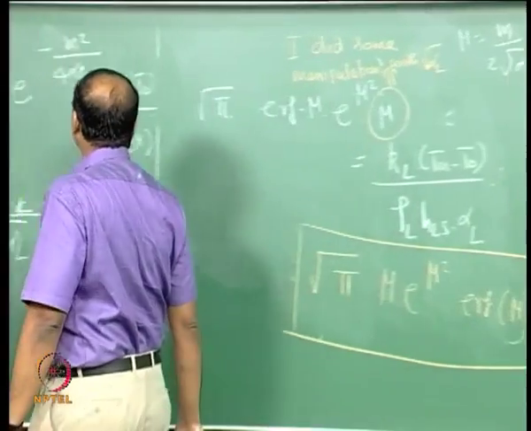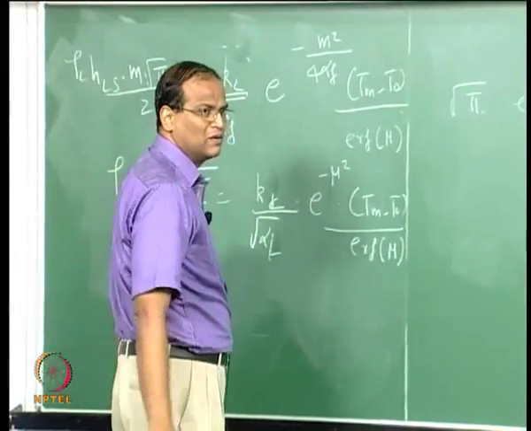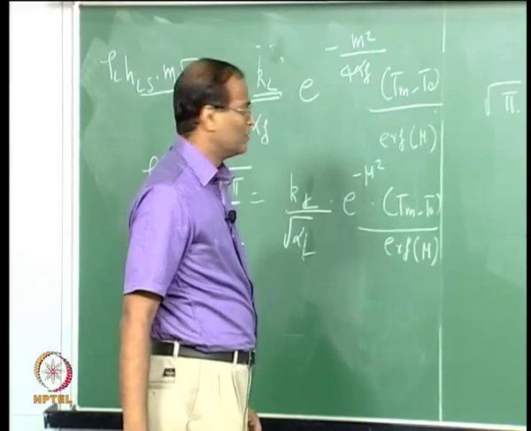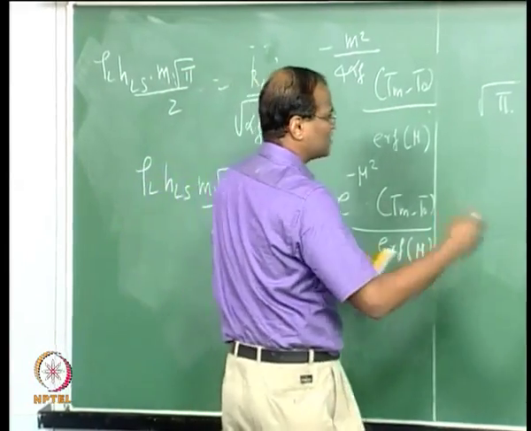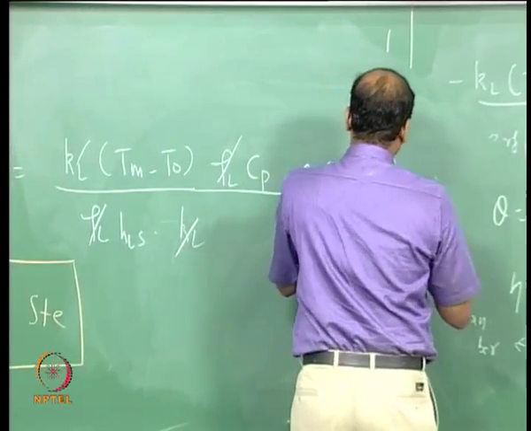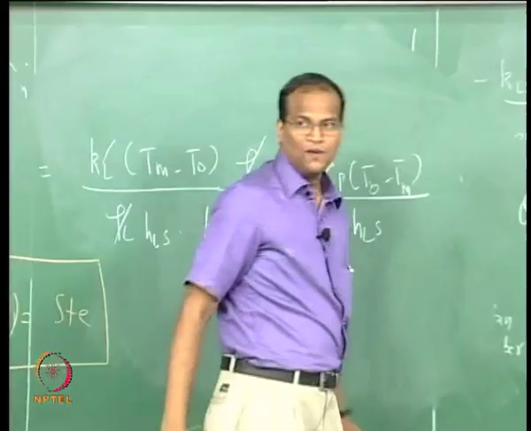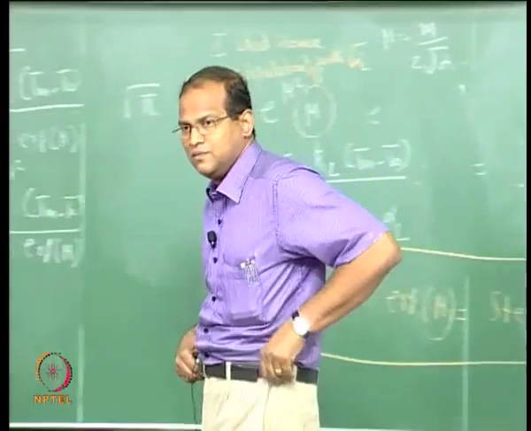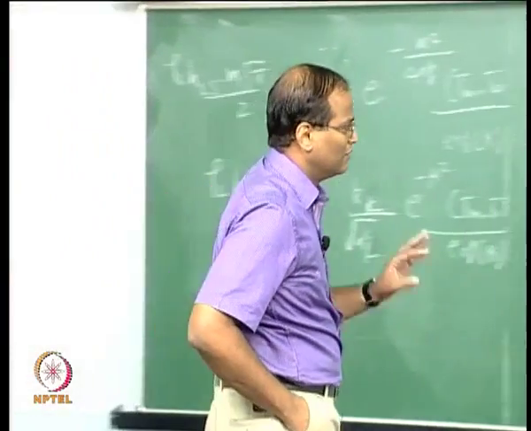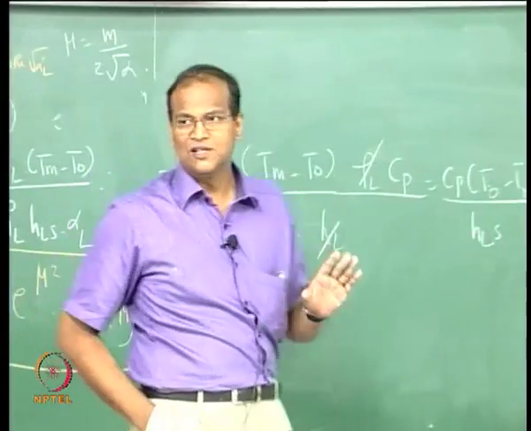Throughout I am writing Tm minus T naught. So it should be T naught minus Tm. Okay, somehow you adjust that, because otherwise Tm minus T naught will be negative. Okay, so this solves the Stefan problem.